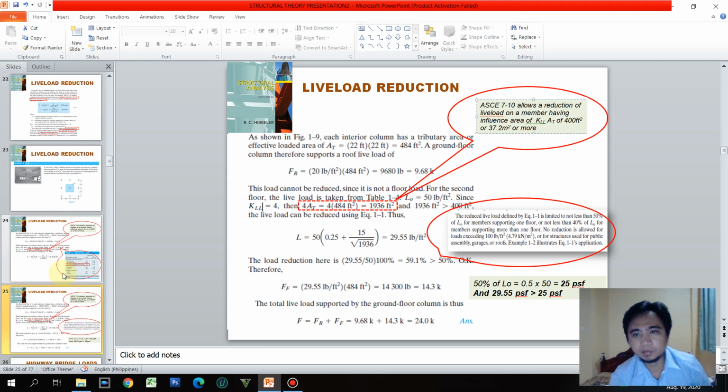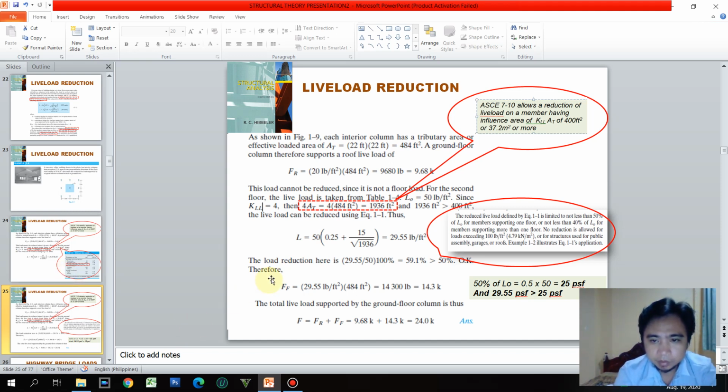So let us now investigate the result. The reduced live load defined by equation 1 is limited to not less than 50% of LO for members supporting one floor, or not less than 40% of LO for members supporting more than one floor.